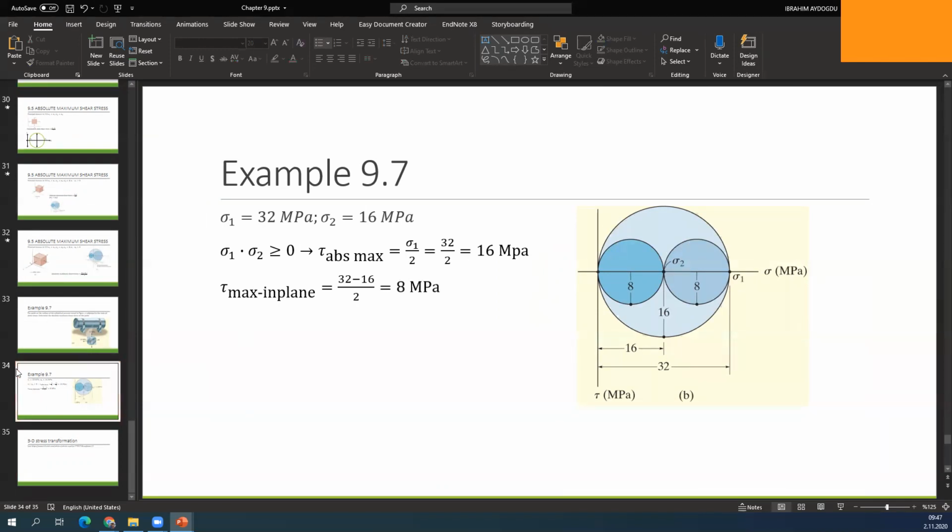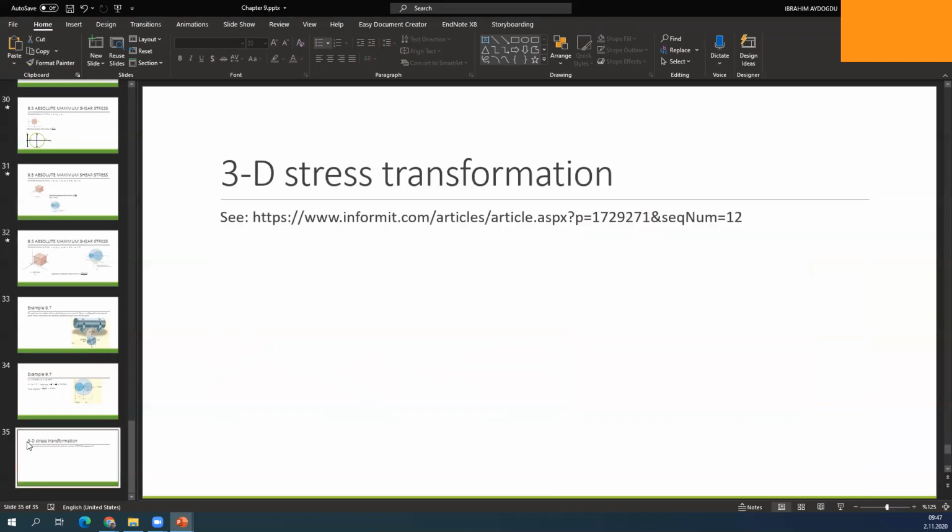Some of you may ask, hocam, what is the meaning of 3D stress transformation?